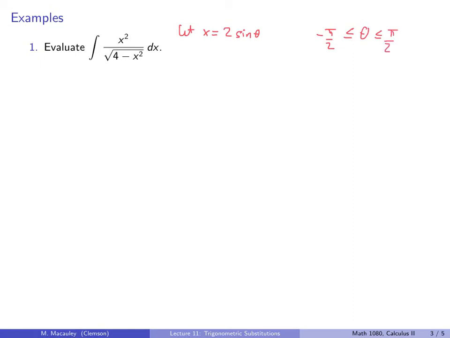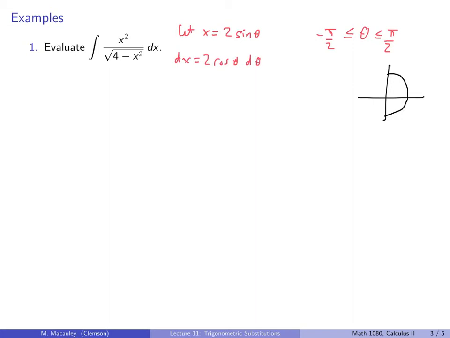And on the unit circle, that is this region right there. Okay. So if we make the substitution, then dx equals 2 cosine of theta d theta.